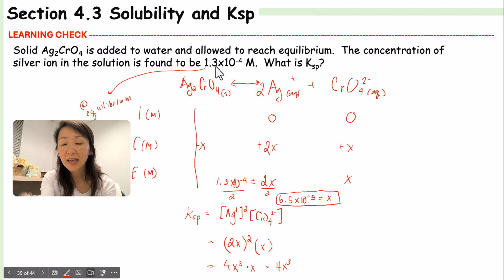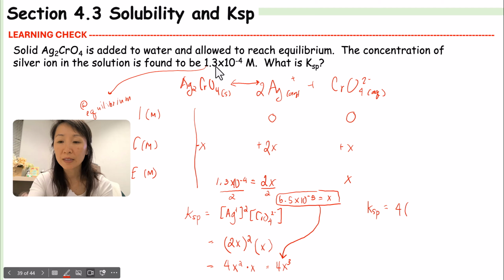Now we can put that x in there in order for us to solve for the Ksp. So Ksp is equal to 4 times 6.5 times 10 to the negative 5 to the third power.